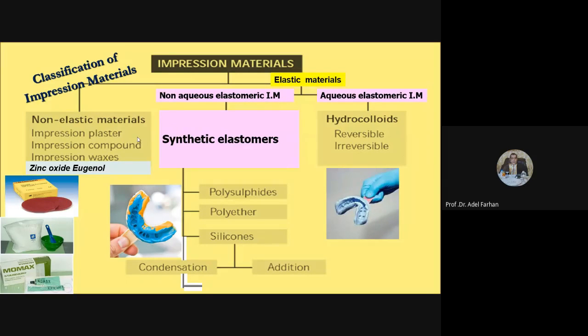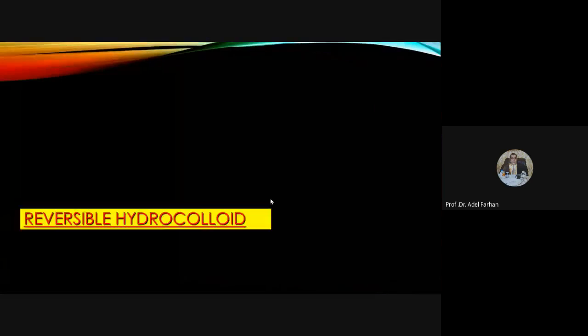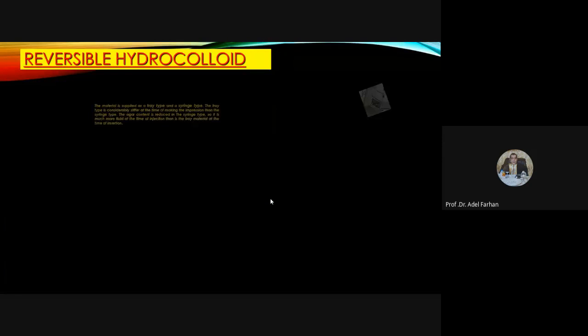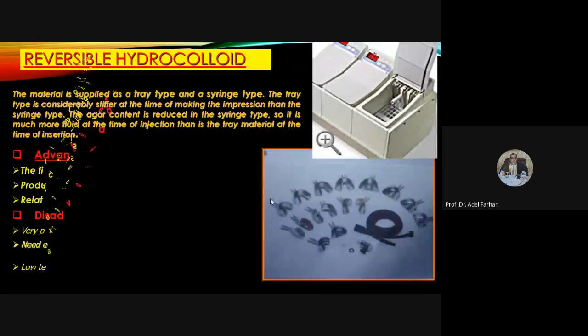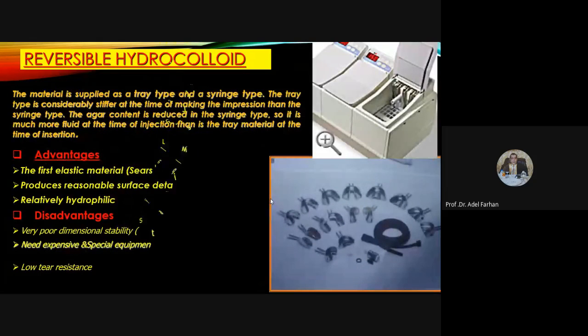We have elastic اللي هي الاكيوس والنون اكيوس. الاكيوس we have الهيدروكولويد و we have reversible وirreversible، and we have synthetic elastomer اللي هي تشمل بولي سلفايد، بولي ايثر، سيليكون اللي هو نوعين كوندنسيشن واديشن سيليكون. طبعا الريفرسبل هيدروكولويد مثل ما تعرفون هو الاجر اجر، على السريع راح نتكلم كم كلمة عليه. طبعا هذا اول نوع من انواع الامبريشن ماتيريال اللي استخدم.